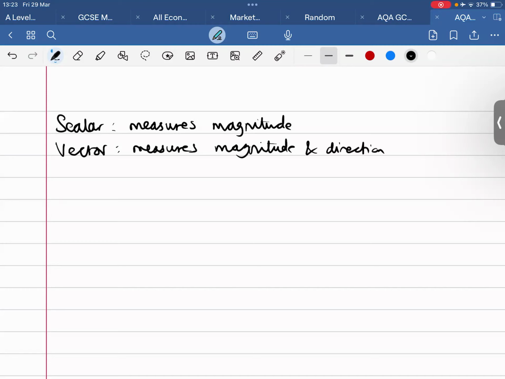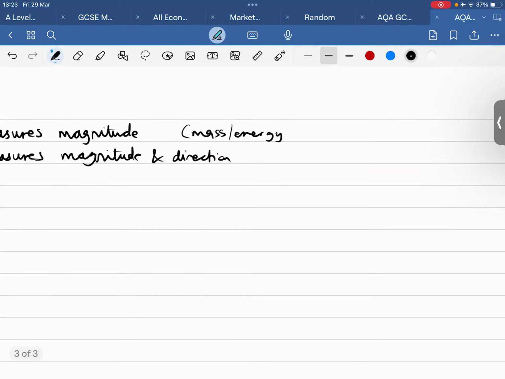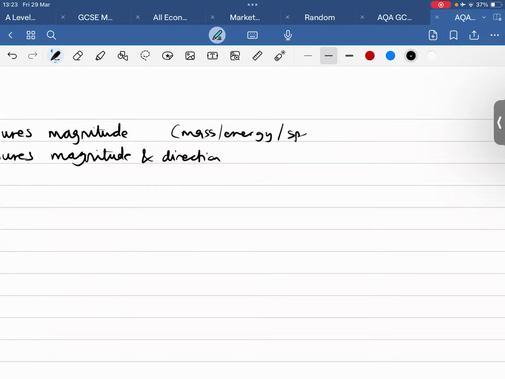As an example, a scalar would be mass or energy, but also speed and distance. But a vector would be weight, force, velocity, displacement.